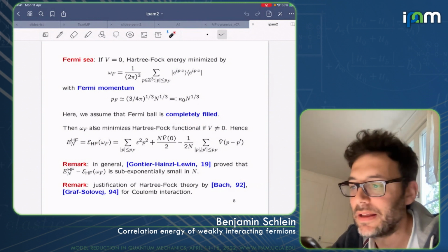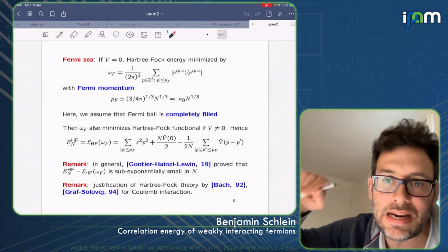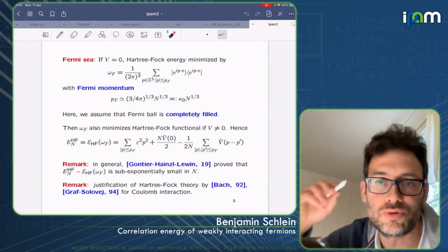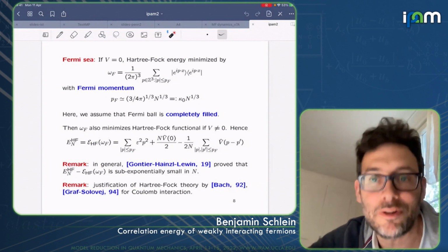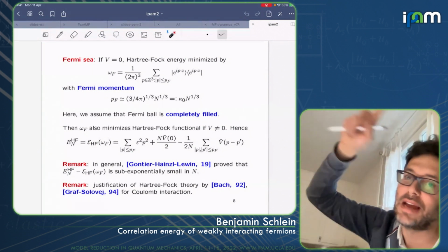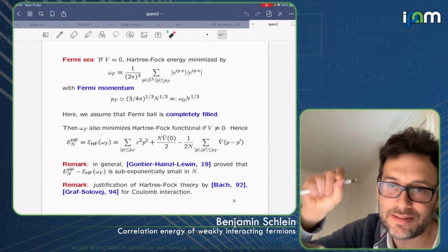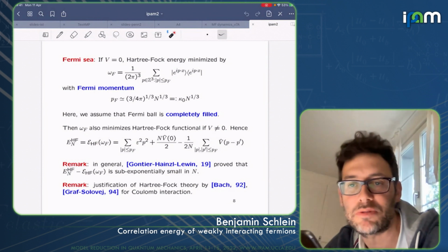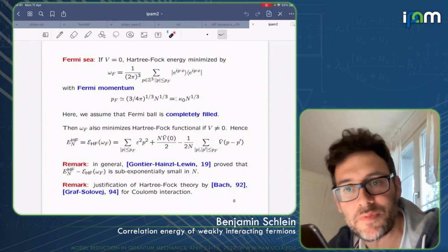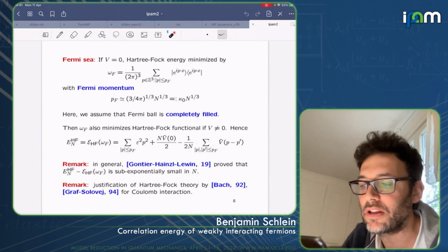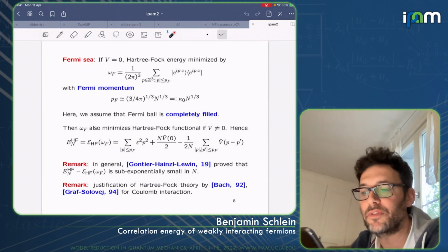If you choose the number N wrongly, in the outer shell where you have your last p states, some other p states would be empty, and we avoid that situation. We assume that the shell is completely filled.